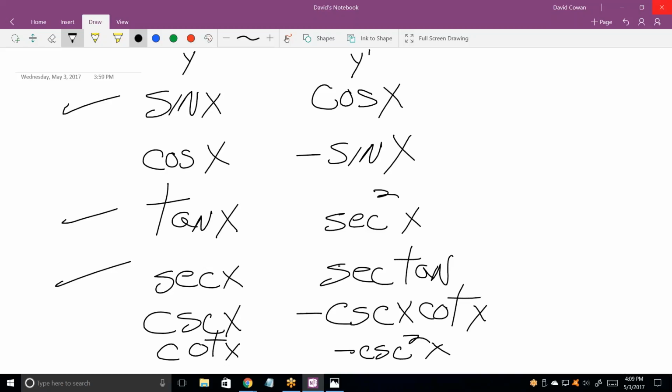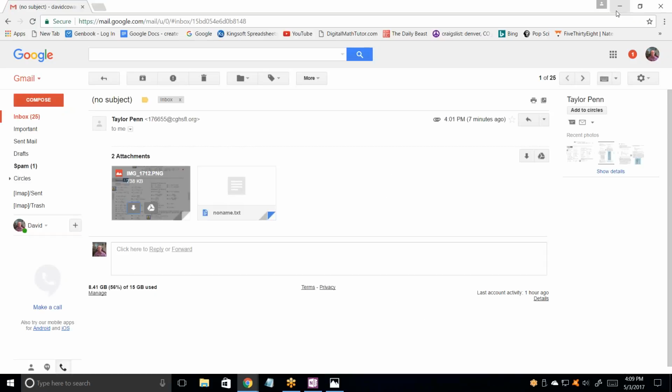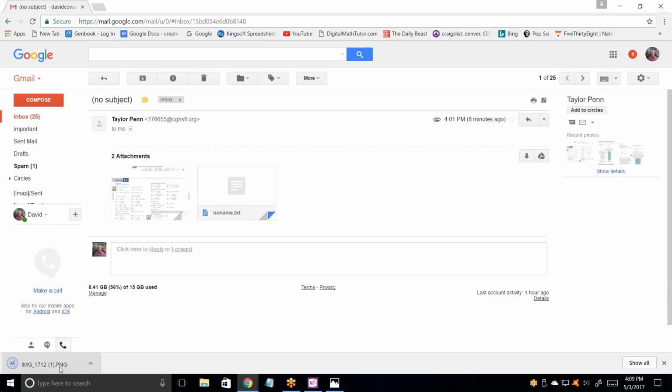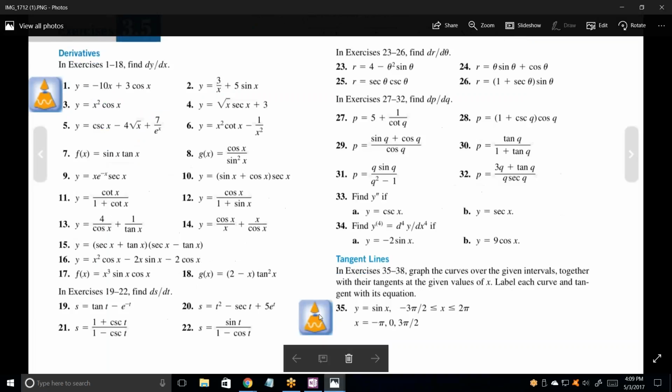Okay? So the derivative of cosine, therefore, must be negative, for one thing, and its sine, which happens to be the cofunction of cosine.